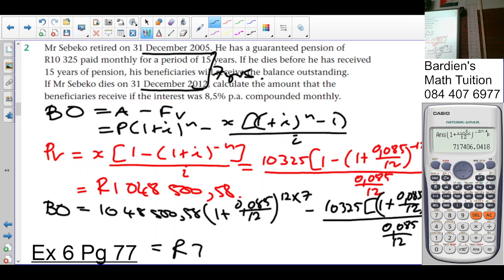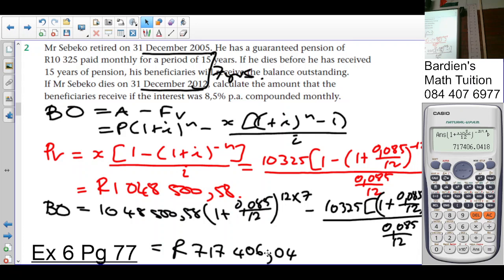So what was the problem here? If you look at this, I forgot to highlight this for you at the beginning.